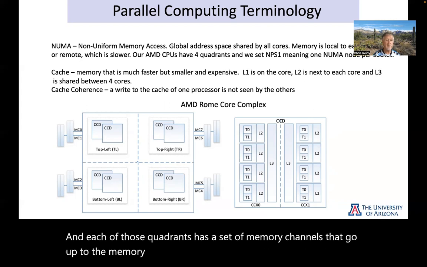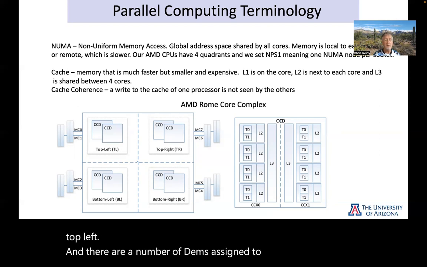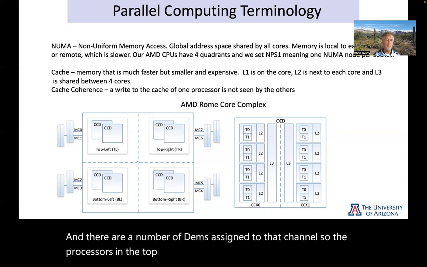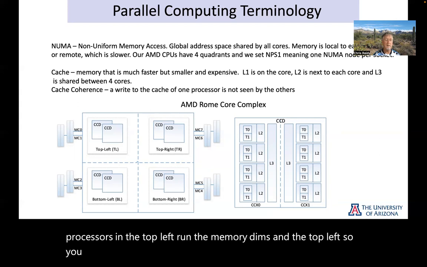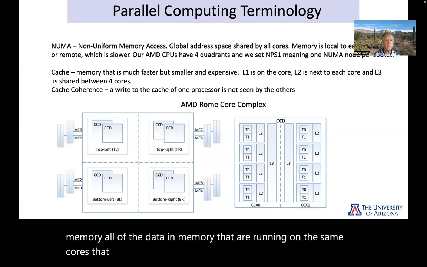So there's channel 0 and channel 1 in the top left. And there are a number of DIMMs assigned to that channel. So the processors in the top left run the memory DIMMs in the top left. So you can imagine there is an efficiency if you keep all of your data in memory that are running on the same cores that manage those memory DIMMs.